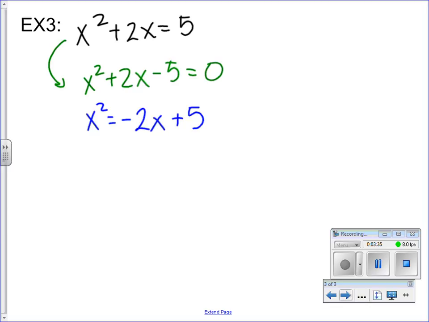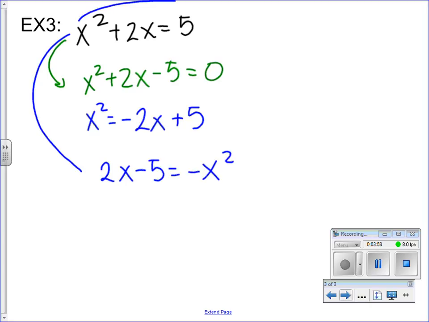So another thing I'm going to do is from here, I am going to leave the 2x where it is, move the 5 over, and move the x squared onto the other side. So what that looks like is 2x minus 5 equals negative x squared. So I moved this to the other side, this to this side. Remember, it's still all equivalent.